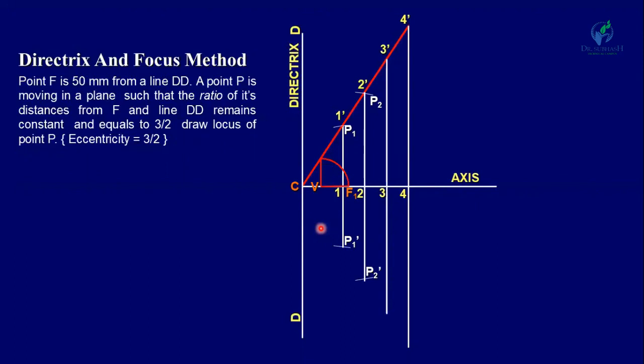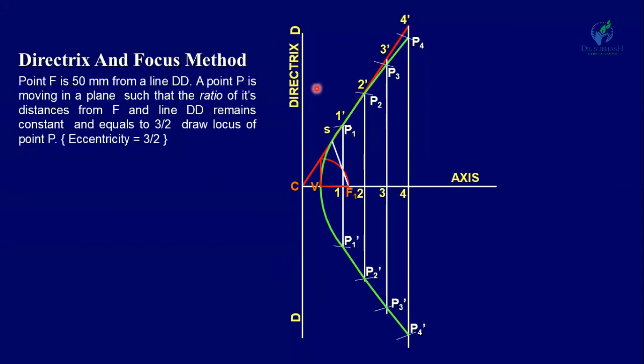Now radius 3 3 dash, center F1, draw an arc, you will get the points P3 and P3 dash. Radius equal to 4 4 dash, center F1, points P4 and P4 dash. Now join all these points by a smooth curve, and you will get the hyperbola.